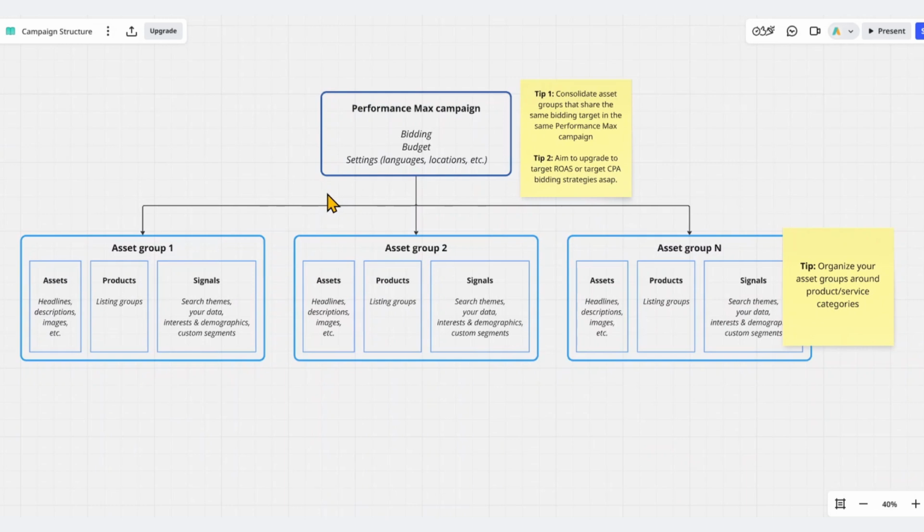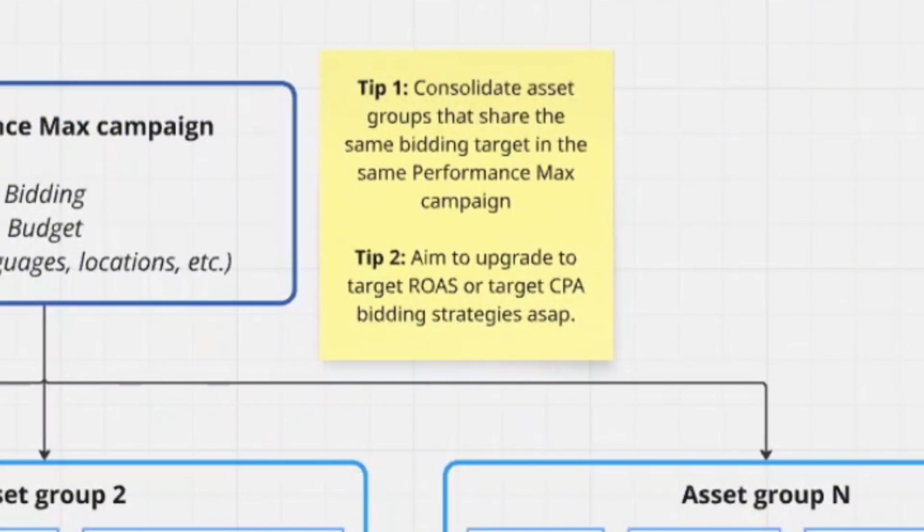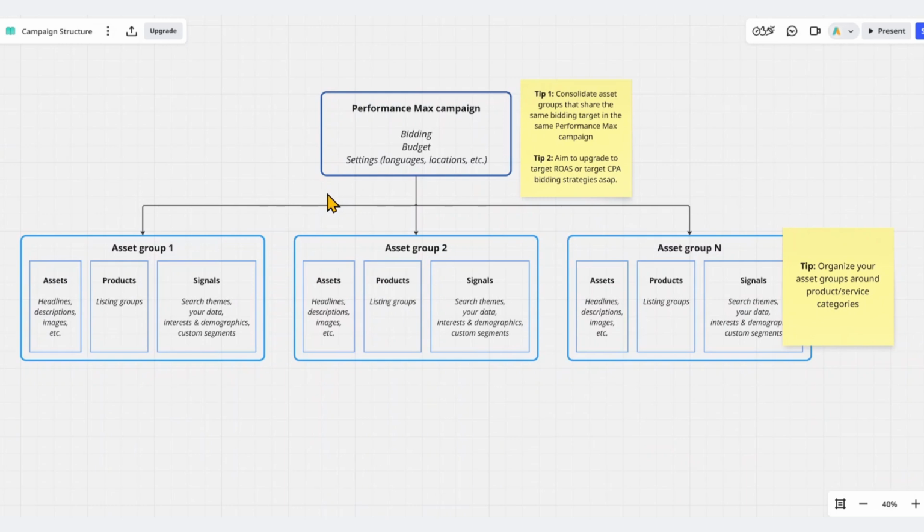But my tip is for you to aim to upgrade to those bidding strategies as soon as possible. Target ROAS and target CPA are truly the most superior bidding strategies, especially for Performance Max campaigns at the moment, because these bidding strategies allow Google to go beyond your budget when Google believes that it can capture additional value.